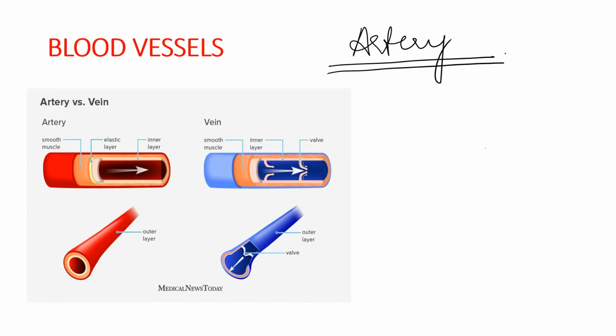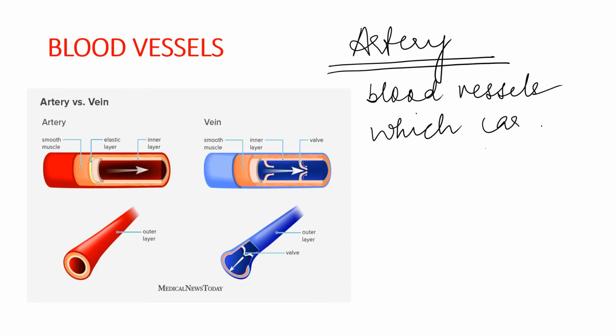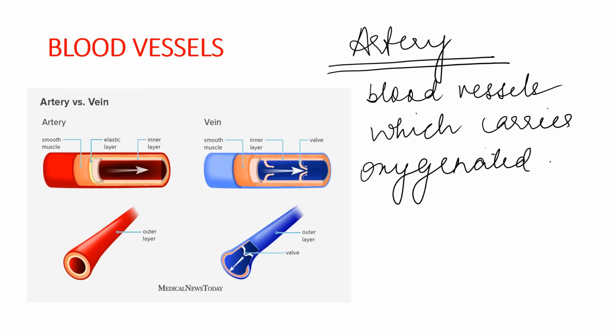Arteries are the blood vessels which carry oxygenated blood. Oxygenated means pure blood. From where?